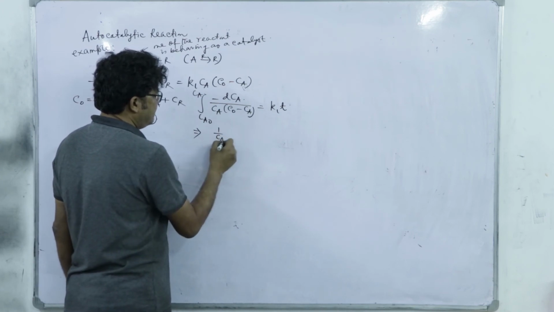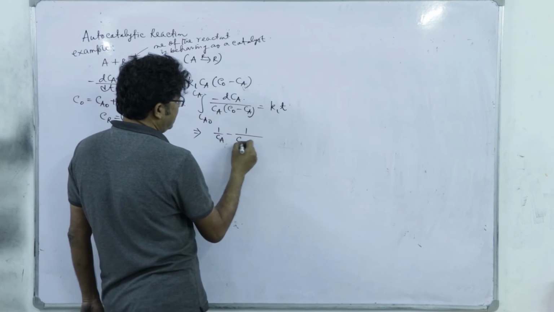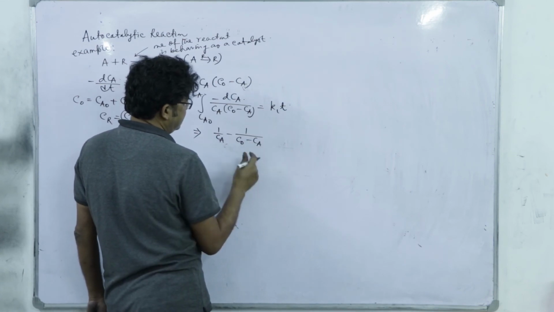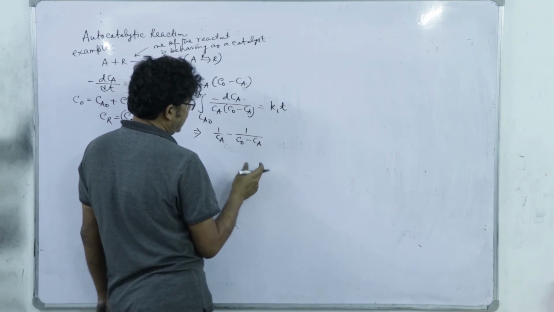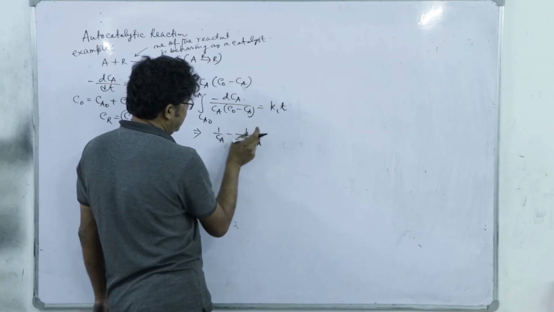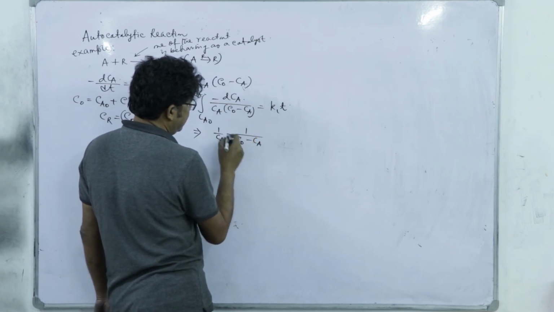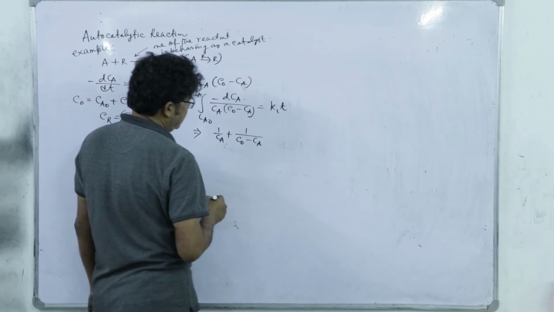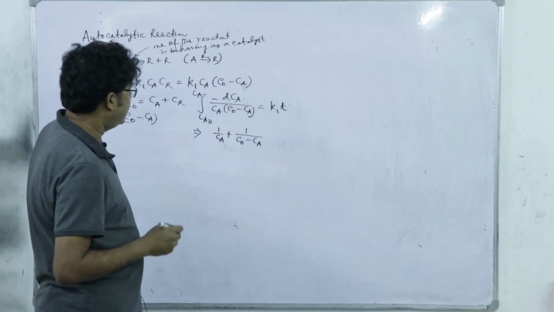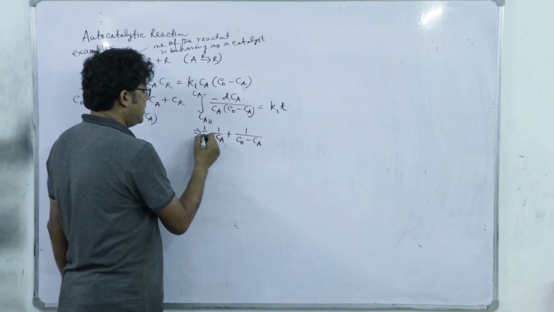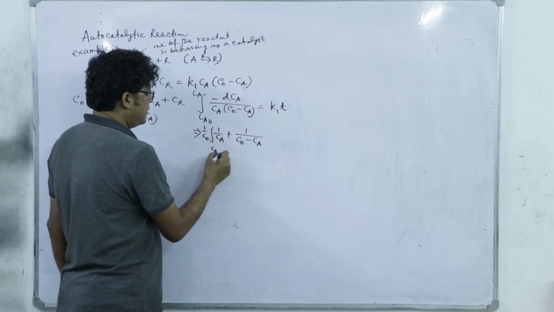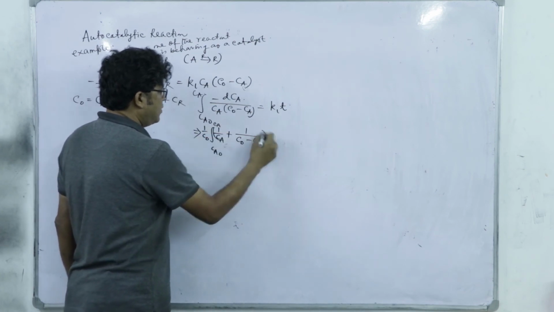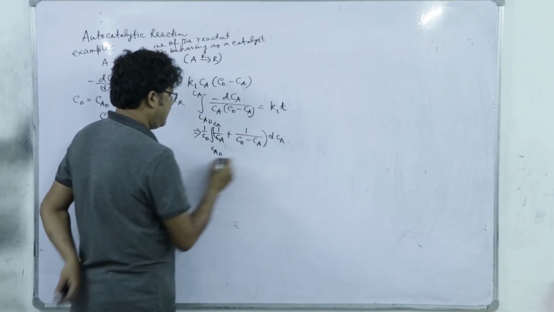So 1 by Ca minus 1 by C naught minus Ca. So what you are getting? C naught minus Ca plus this, right? So the numerator there will be a C naught. So 1 by C naught will be here. So Ca naught to Ca whole bracket dC.